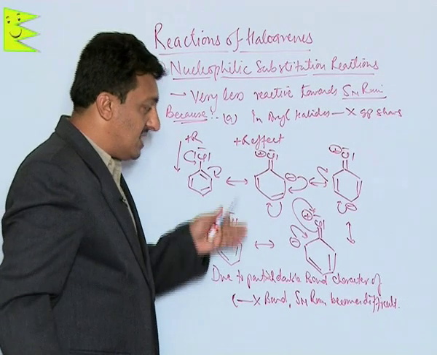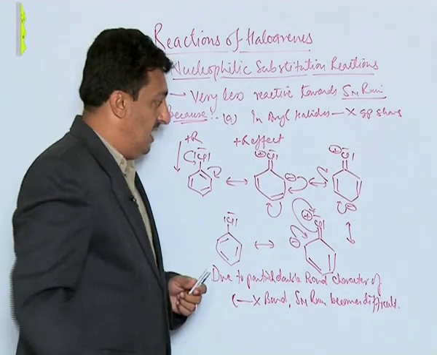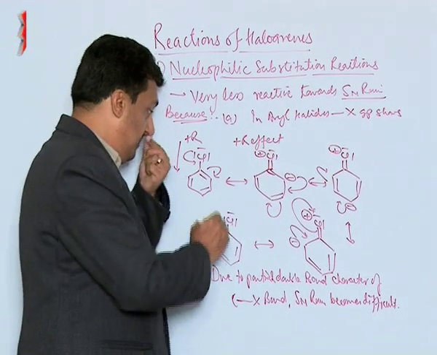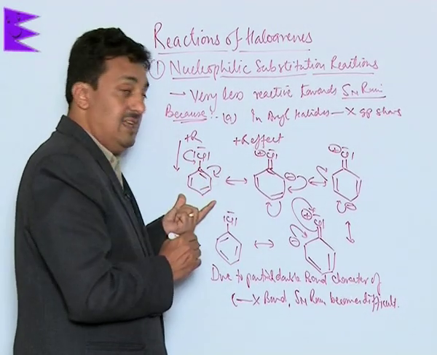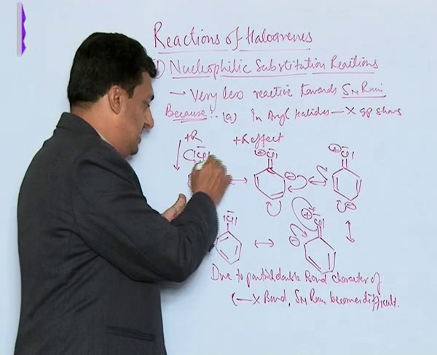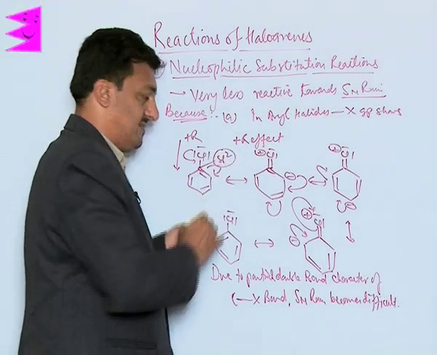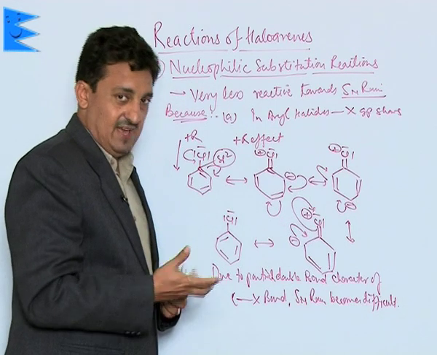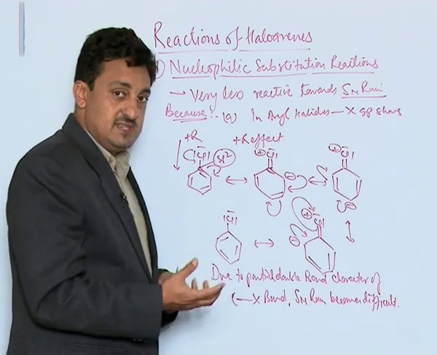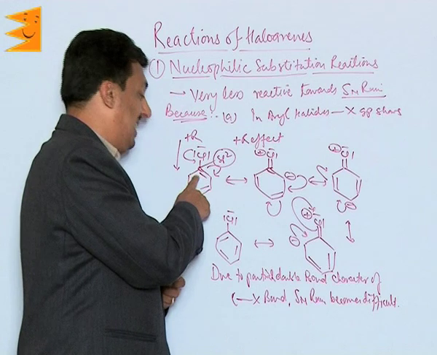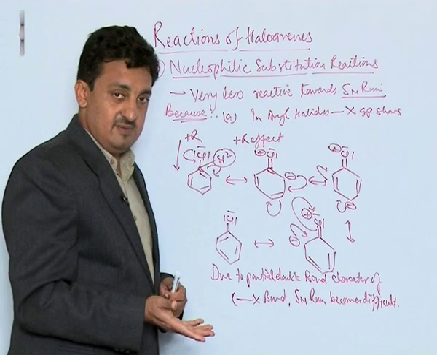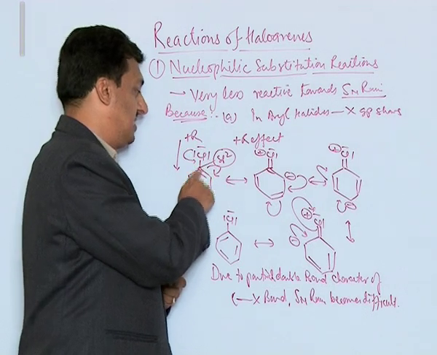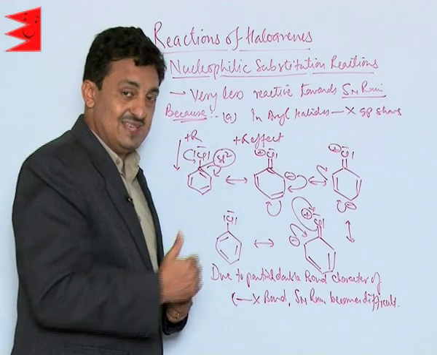The second, which is again very related to this one, is that the carbon atom having the chlorine in these haloarenes is sp2 hybridized. Since it is sp2 hybridized, this carbon is more electronegative than the sp3 carbon. Therefore, the difference of electronegativity between the carbon and the halogen is less.